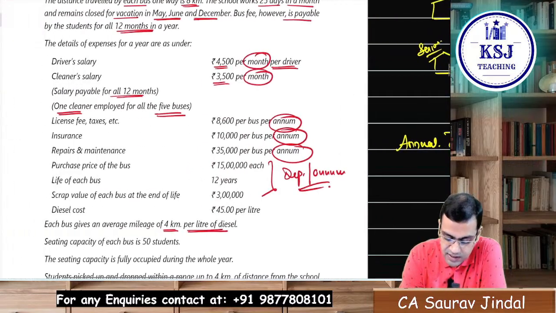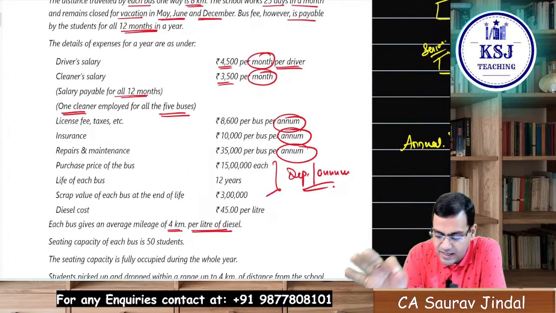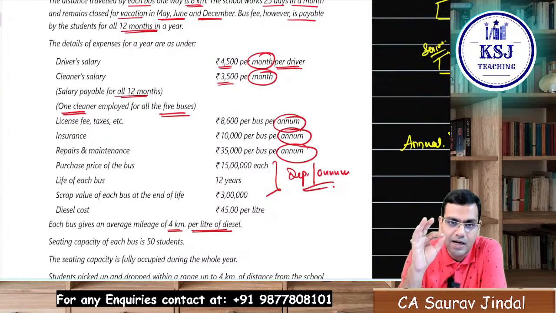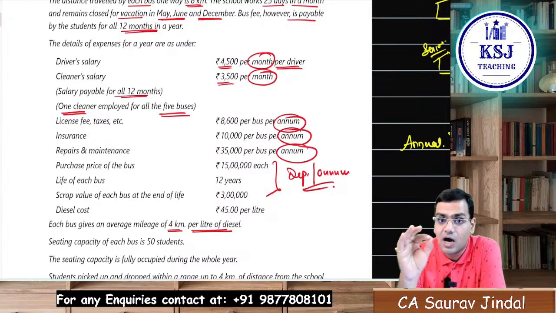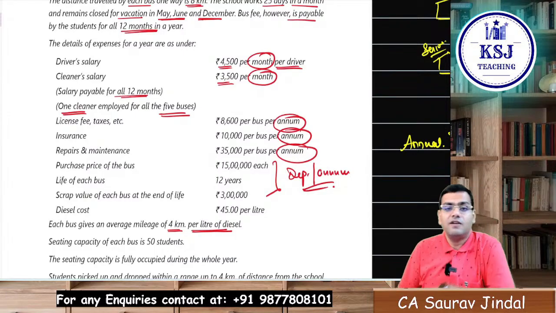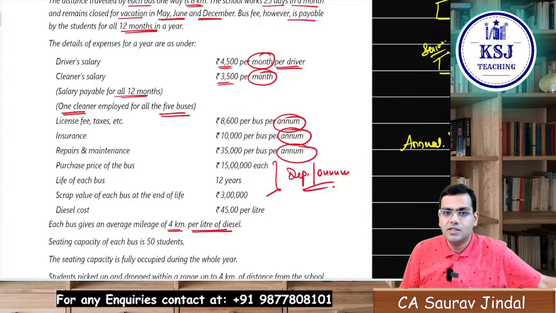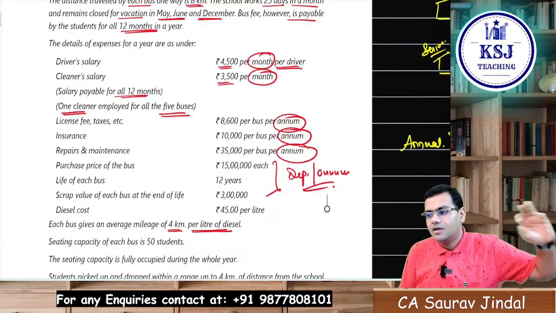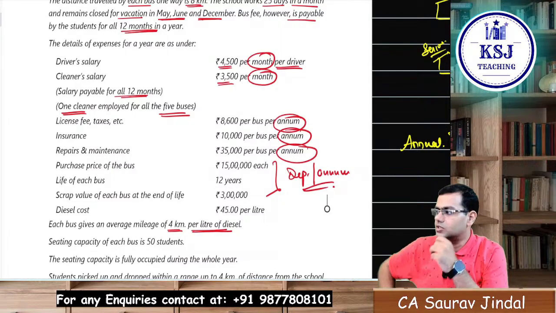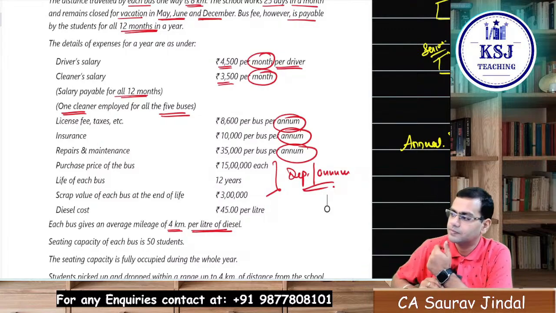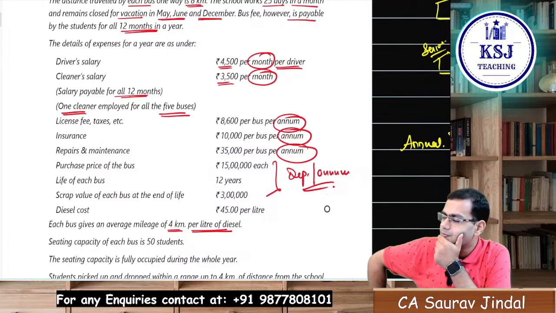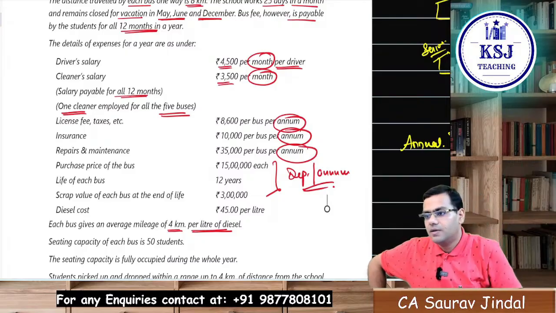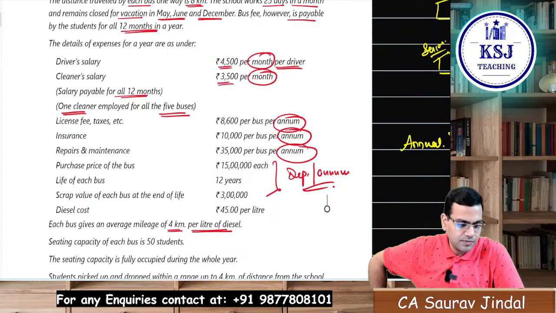The diesel cost is 4 kilometers in 1 liter and each liter costs 45 rupees. If I am calculating the effective kilometers or passenger kilometers or the student kilometers, whatever it is, for the whole year, diesel cost will be calculated for how many months? Please tell me quickly.